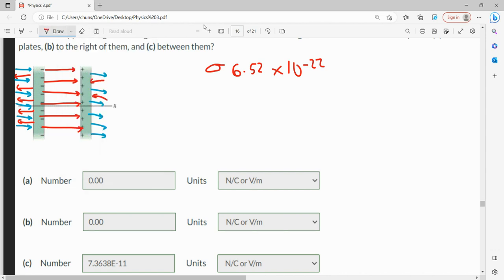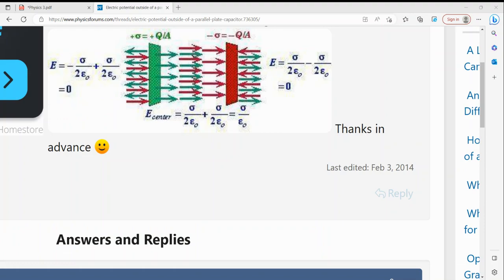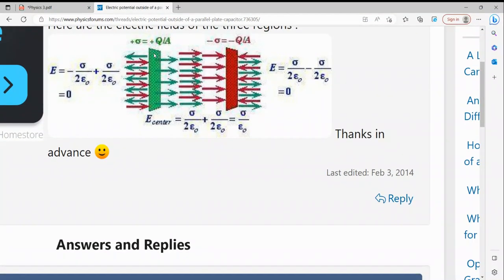Then we have the opposing field as well. It's a little difficult for me to explain. I'll see if I can pull up a picture really quick. So the image that I have here is a better way to explain what I'm trying to say. So for our positive plate, the arrows in green show that it's directed outwards, right? Because electric field lines flow from positive to negative.